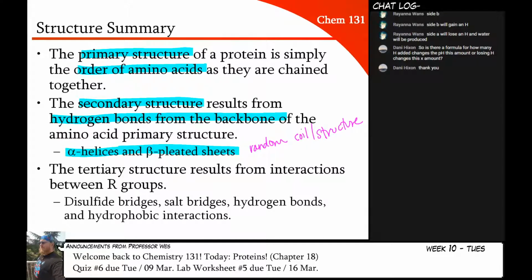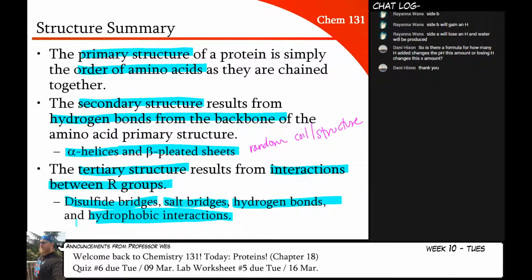And then finally, the tertiary structure comes up from interactions between the R groups. And those are either going to be from cysteine, so disulfide bridge, from anything that has a charge on it to make a salt bridge, anything that has OH or NH2 on it, or anything that has just nonpolar groups. So those are our 3 categories of structure.